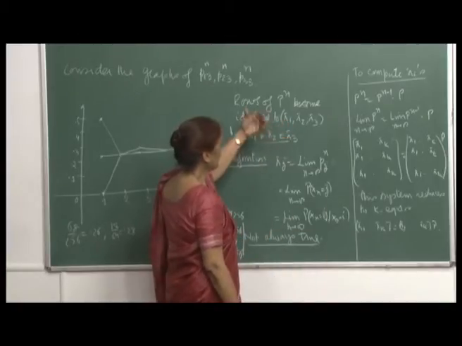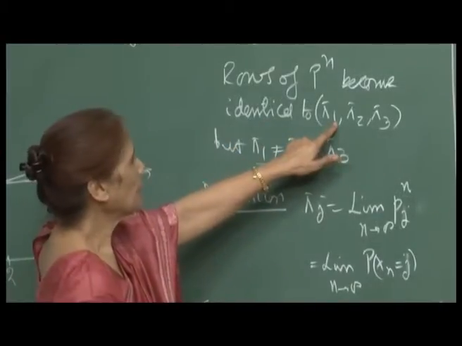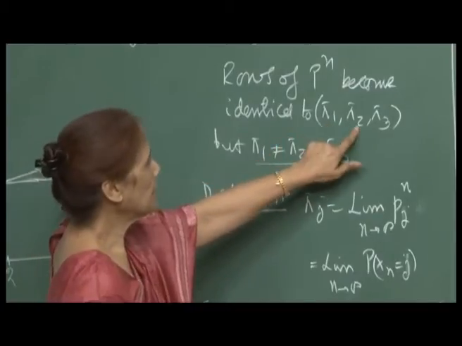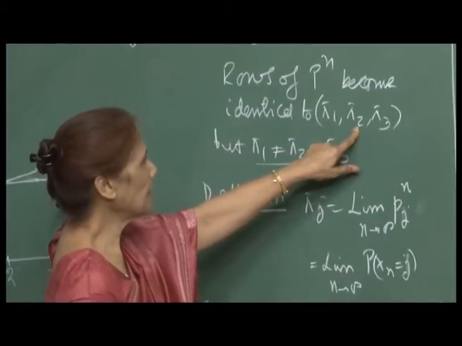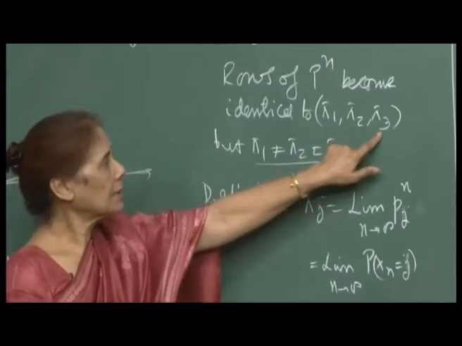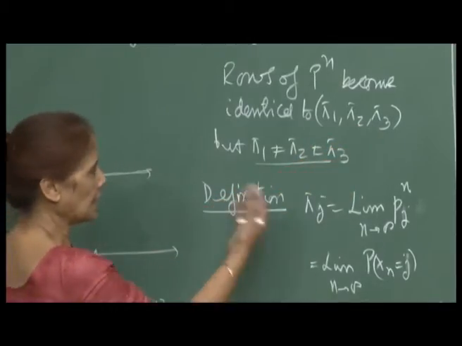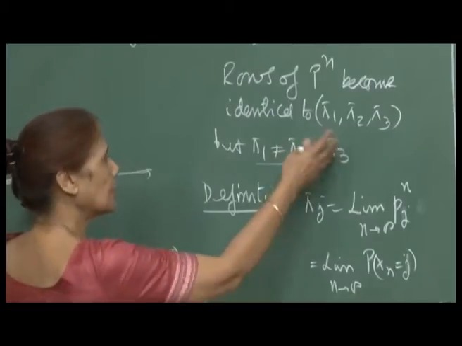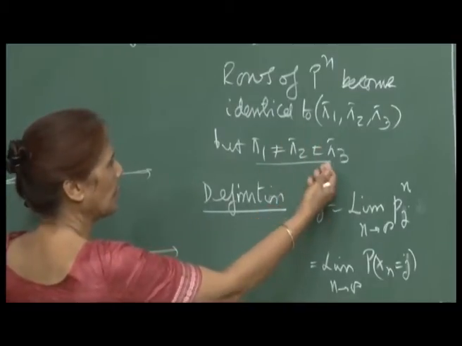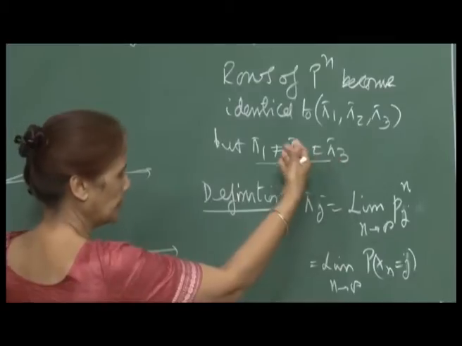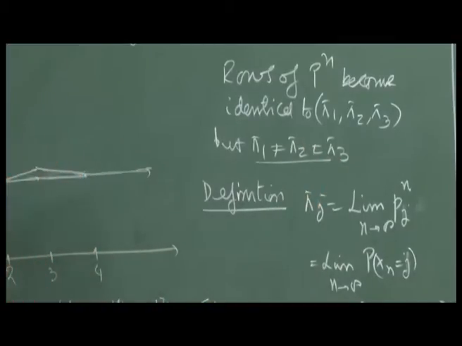We are saying that this is the probability of the system being in state 1, this is the probability of the system being in state 2, and this is the probability of the system being in state 3. So, the starting probabilities are not relevant, but the long run values will not necessarily be the same.